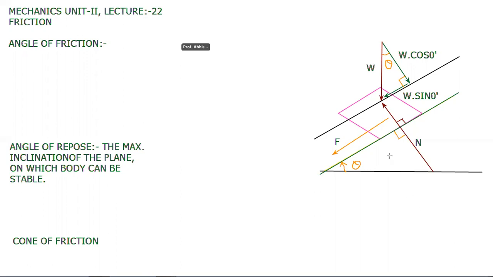Now in the triangle below, tan of theta is opposite over adjacent. The opposite side will be N and the adjacent side will be F. So tan of theta is equal to N divided by F.